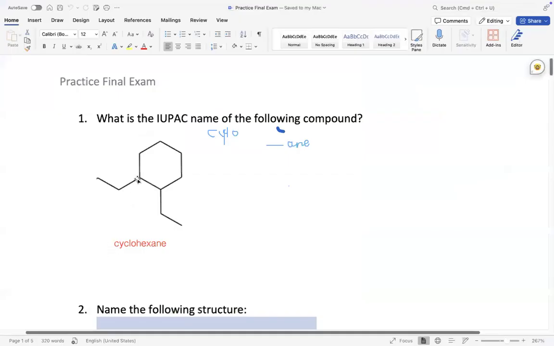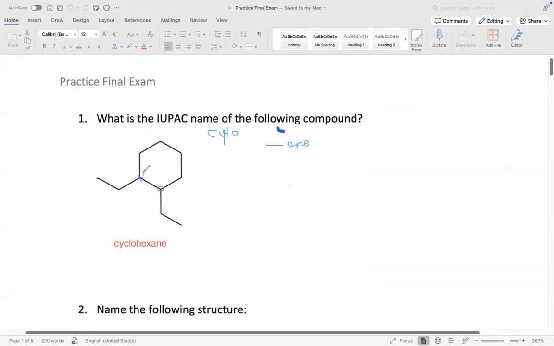Okay, so we know that it's cyclohexane. Now we just need to take care of the branches, and that requires us to number it. It doesn't matter if we start at this branch or this branch as number one because they're both equivalent.